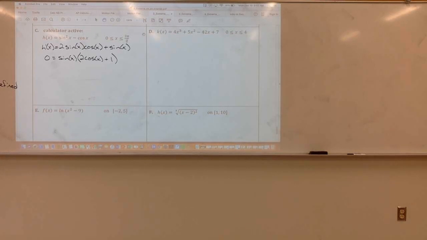When you solve that, you get sine equals 0, and then cosine equals negative 1 half. So you're saying, where on the circle does cosine equal negative 1 half? And the other one is where cosine equals something else.